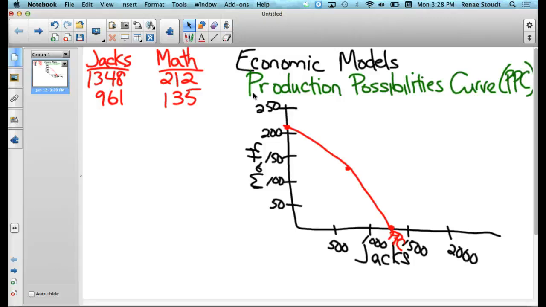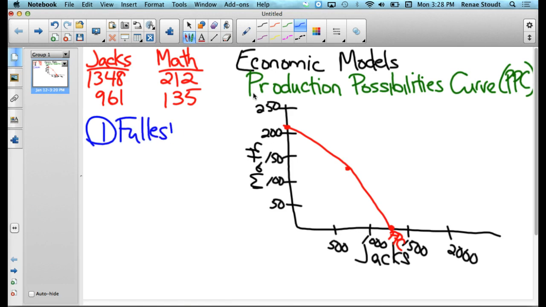Now, if we are making those assumptions, there are 5 things we can tell by using the production possibilities curve. The first thing that we can tell is where our fullest potential is. So our fullest potential is anywhere on the actual curve, on the line.